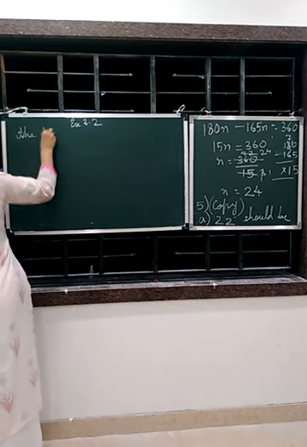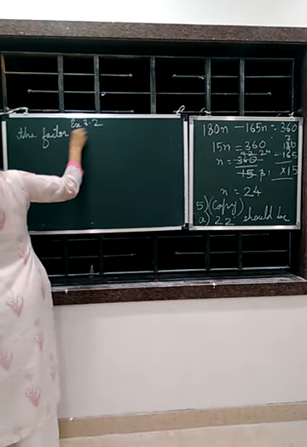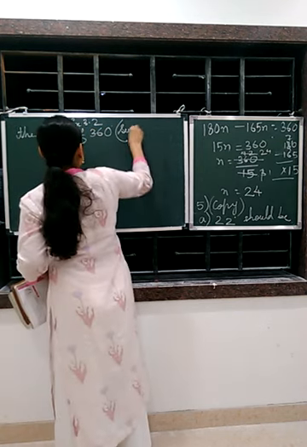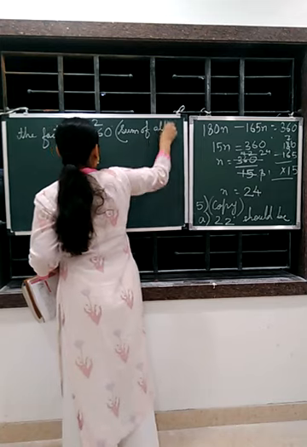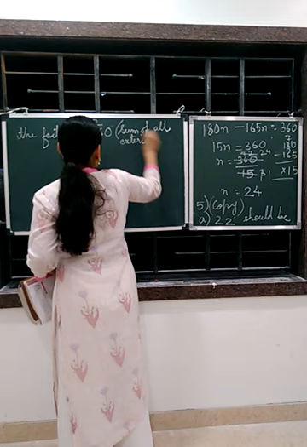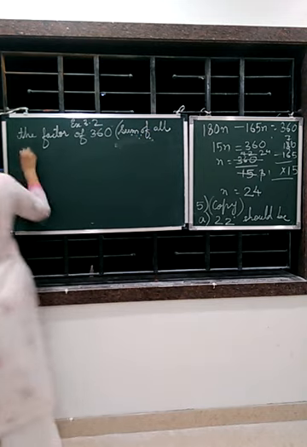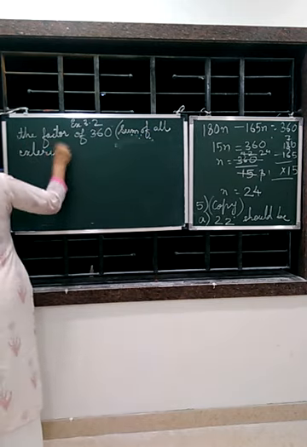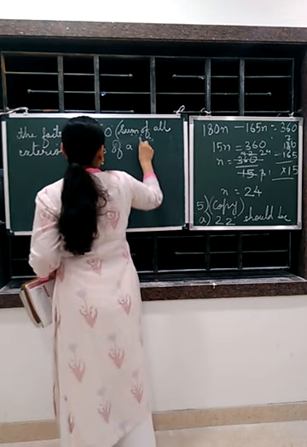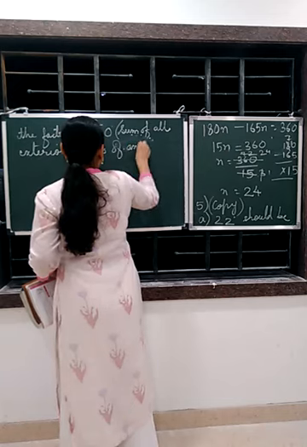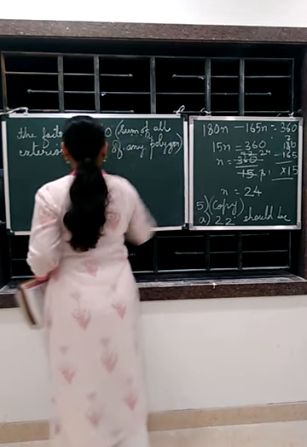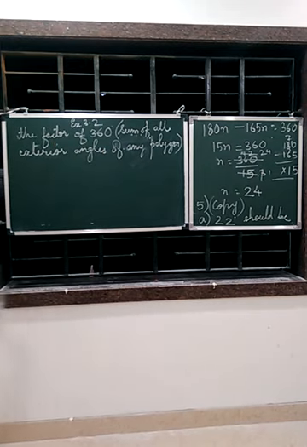It should be a factor of 360 degrees, which is actually the sum of all exterior angles of any polygon. Okay, so we need to check.